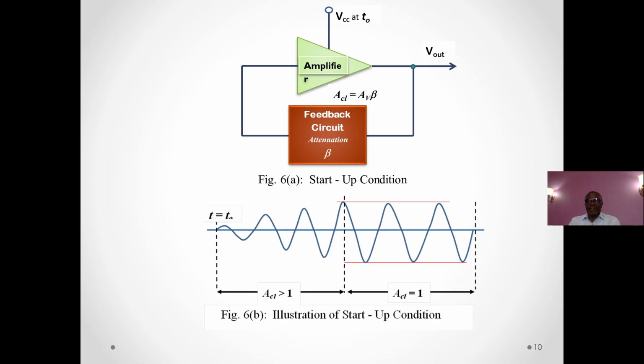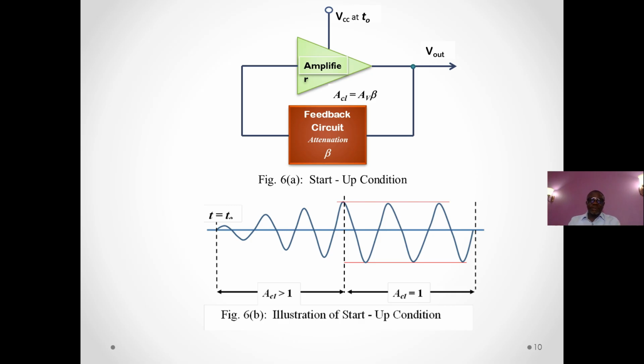Now, look at the second diagram and see what is happening. At time t equals T0, that is, at time equals 0, the oscillation begins to build up with small amplitude. That small amplitude is fed back because for it to start, we have said that this gain must be greater than 1.